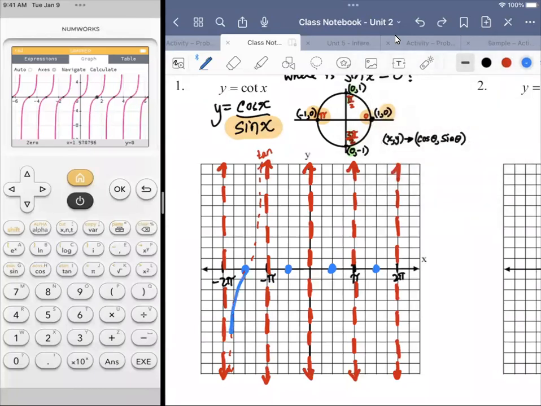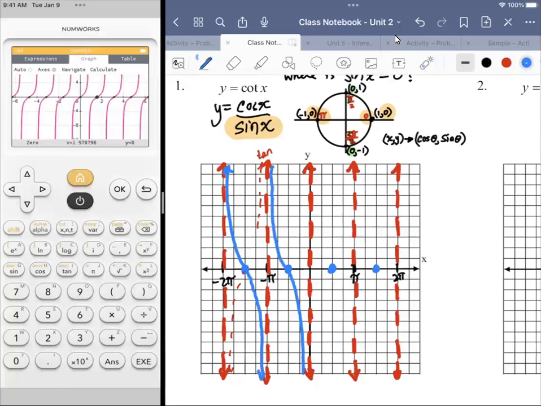Right, so it opened down previously, so it should now open up. The part that opened up previously should now open down. All right. So that's the justification for it. It's a flip-flop. It's like a reflection. It is a reflection.